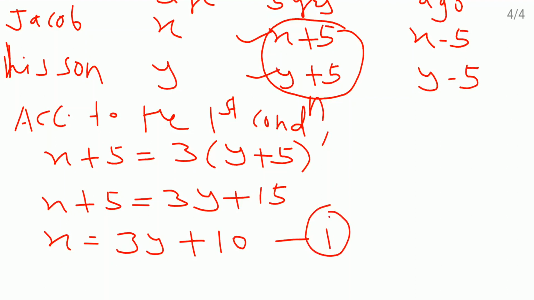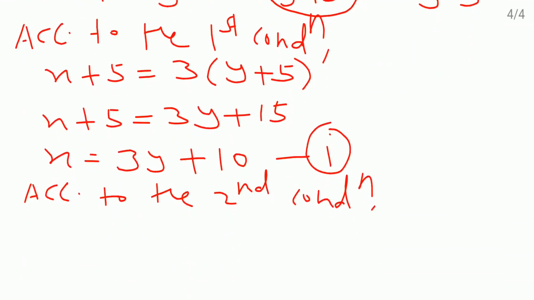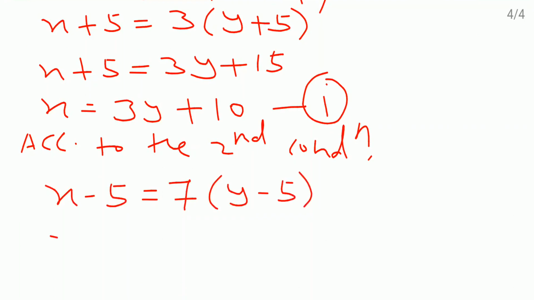Now look at the second condition here. I'll write down according to the second condition. They said 5 years ago, Jacob's age was, so x minus 5, which is equal to 7 times that of his son, so here y minus 5. So x minus 5 is equal to 7y minus 35.